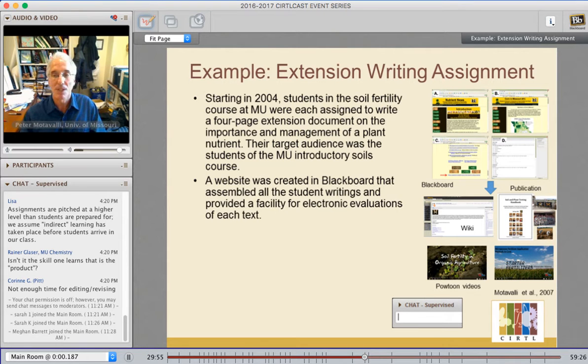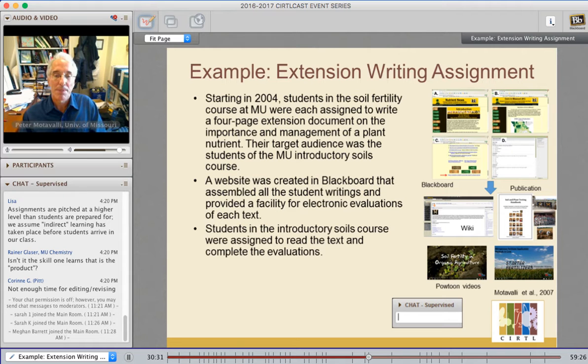So I used Blackboard, and put this all together and included an evaluation survey that the introductory soil students could enter their comments about each of the writings. The survey had questions related to the writing, both the content and the actual writing itself.